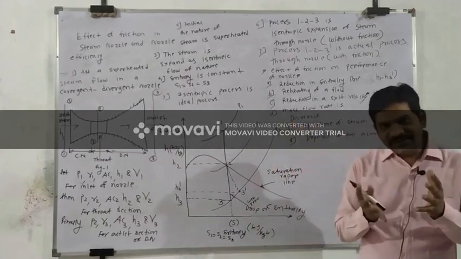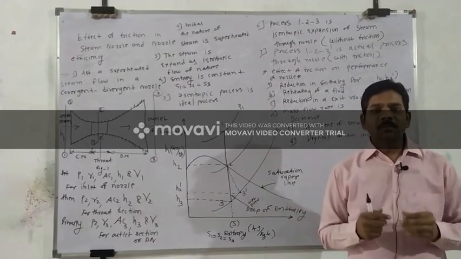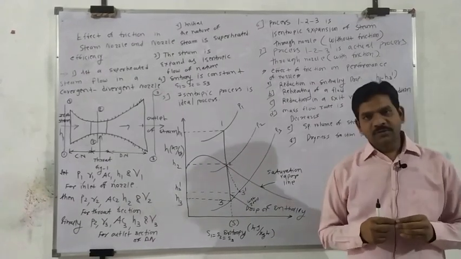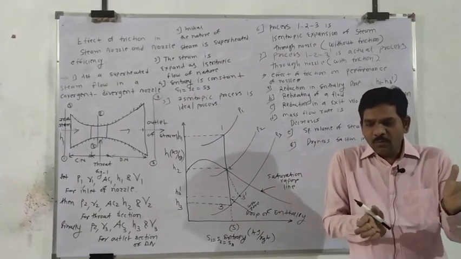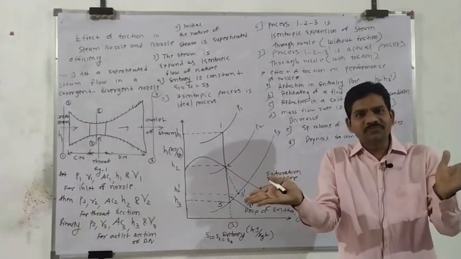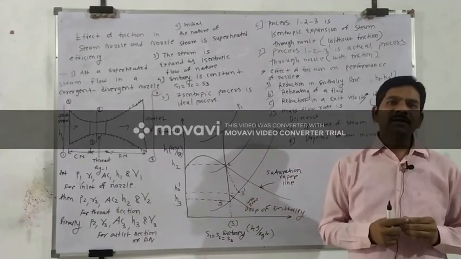So this convergent-divergent angle is very important for the friction of steam through the nozzle. Yes or no? Yes, because the larger the angle, the more time is required for flow separation, and at that time more friction will be there.